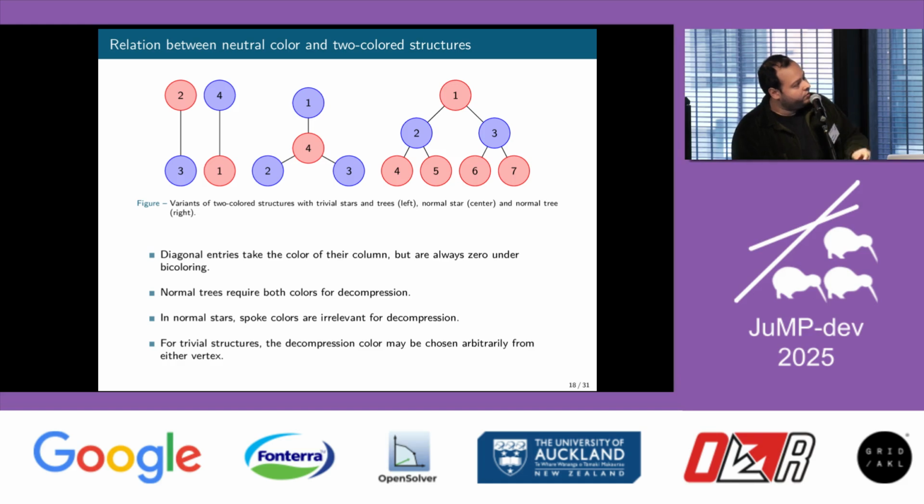But whenever we have a very simple trivial structure, we can choose whatever we want for the decompression. And from that, we can potentially discard some colors that we don't want. By doing that, we can reduce the number of colors needed, which leads to fewer directional derivatives and a faster evaluation of the sparse Jacobian and sparse Hessian.